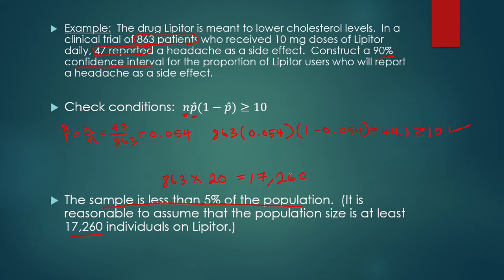For the second condition, all you have to do is write the sentence: the sample is less than 5% of the population size. It is reasonable to assume that the population size is at least 17,260 individuals. The second condition is always assumed because if it wasn't true, then we would not be able to do the problem.